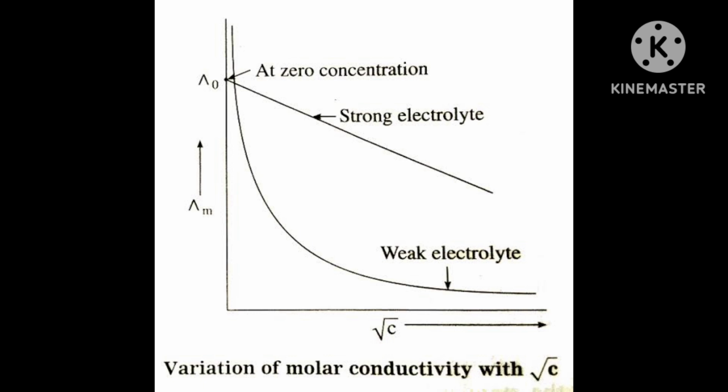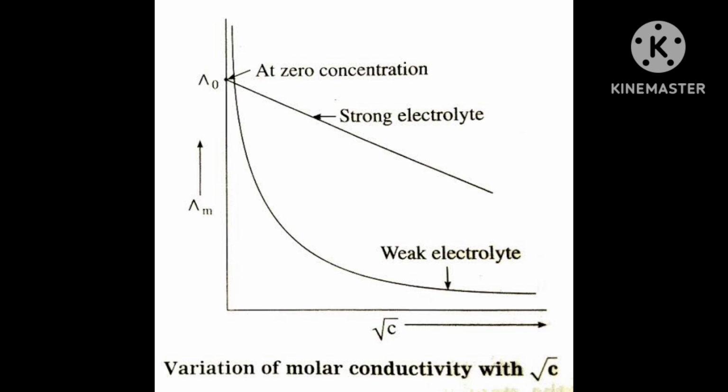Then this is the relation: 1 Siemens meter square per mole is equal to 10 to the power 4 Siemens centimeter square per mole. Very simple. By use of this relation, one more relation you can calculate very easily.